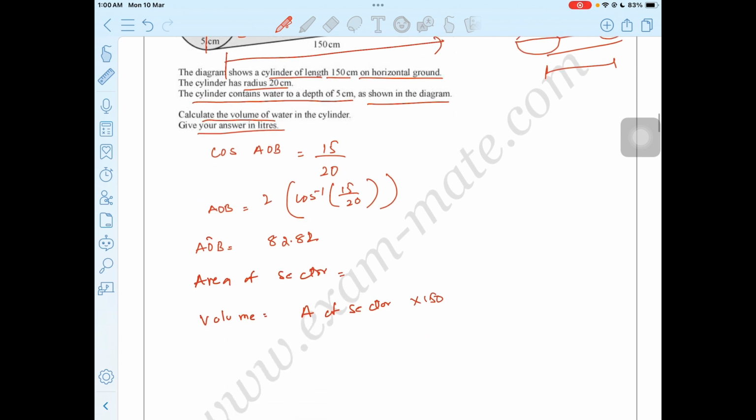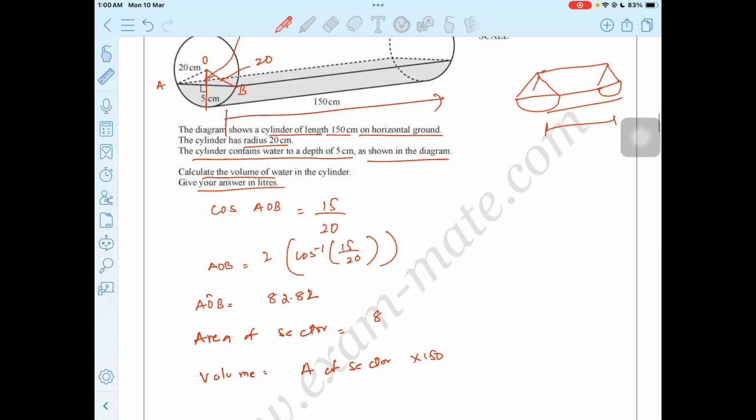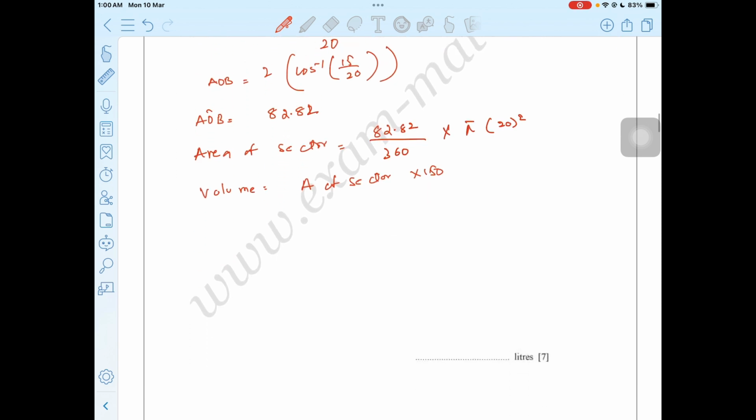So we have our area of sector as 82.82 over 360, that is x upon 360, and then pi r squared. So this would be 20 squared, right? So we'll plug this in over here. This would be simply 82.82 upon 360 multiplied by pi r squared, which is 20 squared. Then we eventually multiply it by 150.